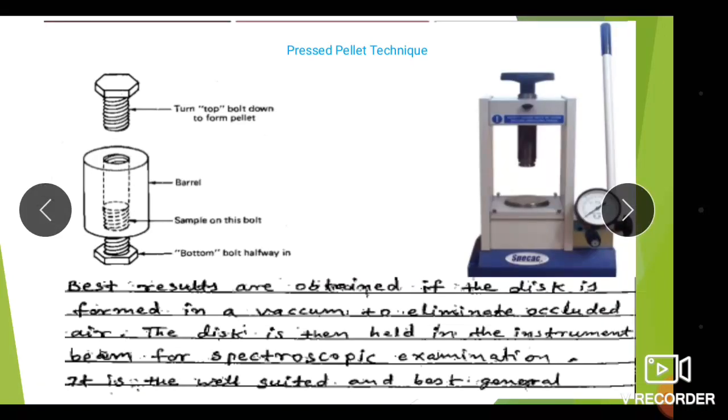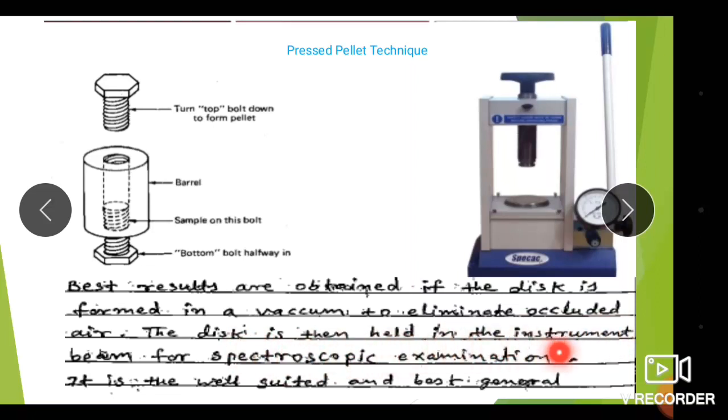See, this is the entire arrangement of the pressed pellet technique. The top bolt is turned down to form the pellet barrel, with the sample on the void and the bottom bolt. Best results are obtained if the disc is formed in a vacuum, to eliminate occluded air.